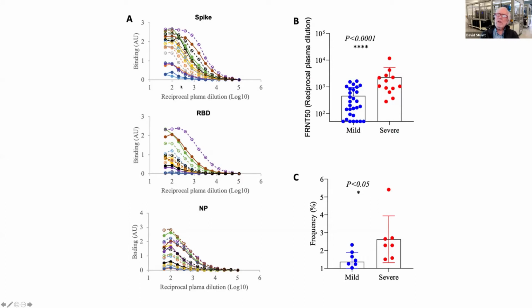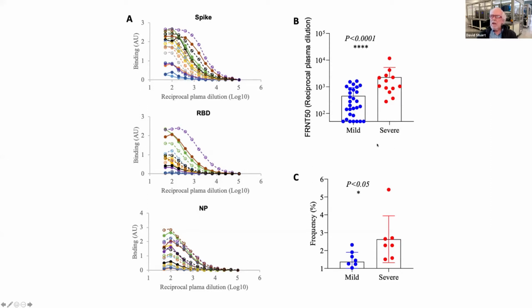You can see that as you dilute out the plasma, there are strong antibody responses against all of these proteins, and nearly all people mount a reasonable antibody response. Not quite everybody, but nearly everybody.